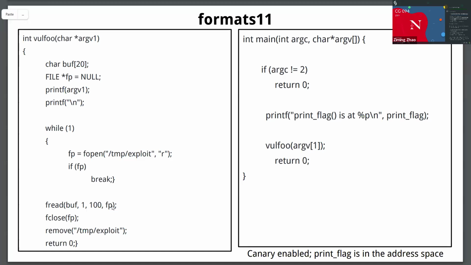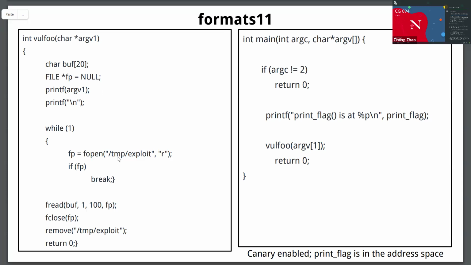Okay. Print flag is in the address space, which means the goal here is to overwrite the return address. But the vulnerability you have here will overwrite the canary. Okay, so the goal here is use the format string to figure out what the canary is.